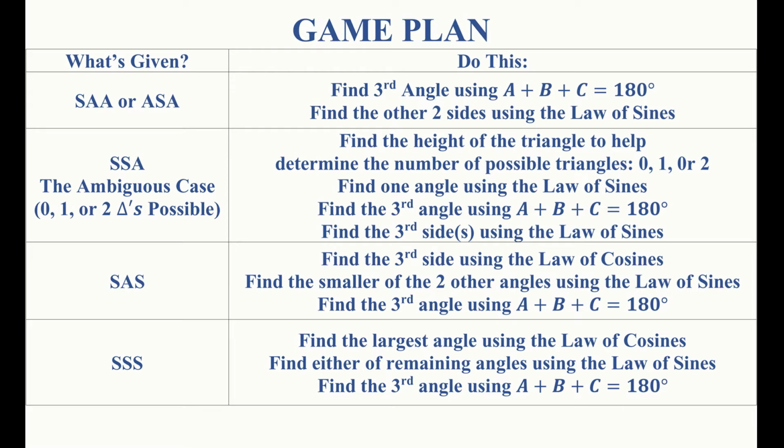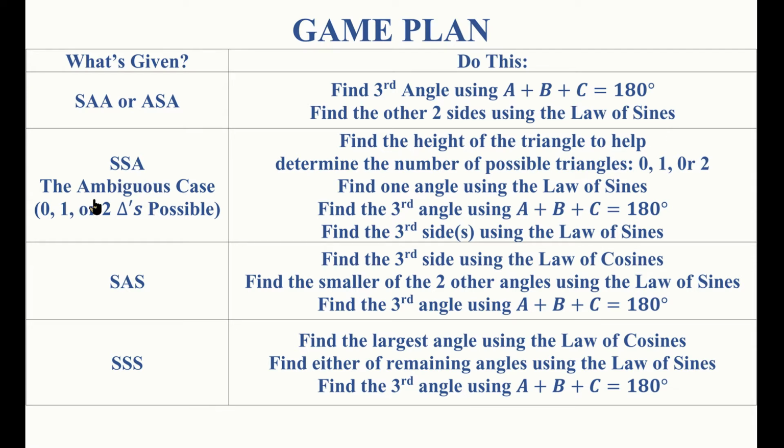So the game plan for solving these triangles is this. If you have the ASA or SAA situations, these refer back to the previous video. We're going to first find the third angle using the triangle angle sum, because remember we have two of the angles. And then we're going to find the other two sides using the law of sines.